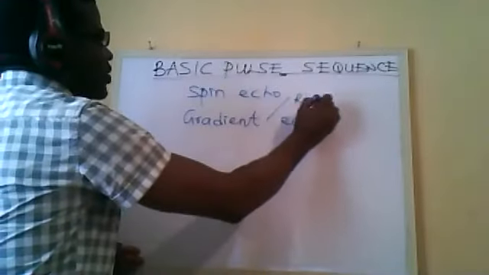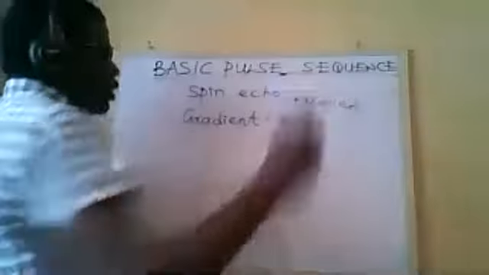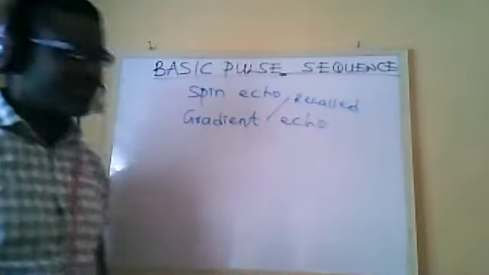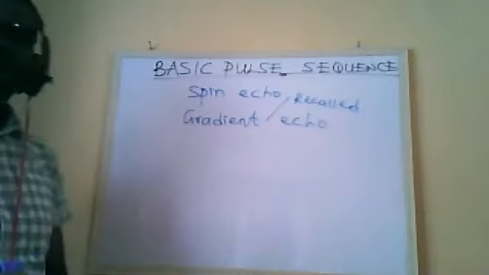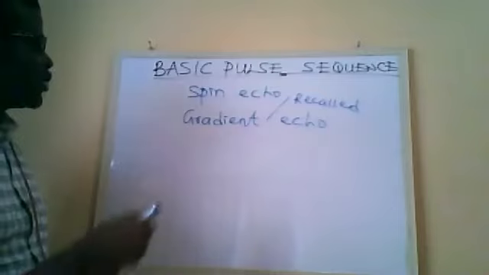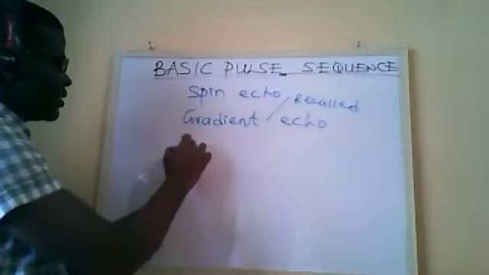At times, one usually adds a gradient recall. We will get to know the meaning of this recall. Then the third one, which is not a new type of sequence, is the inversion recovery.